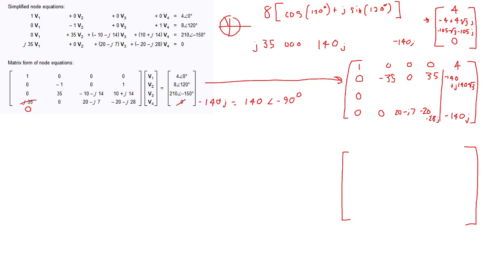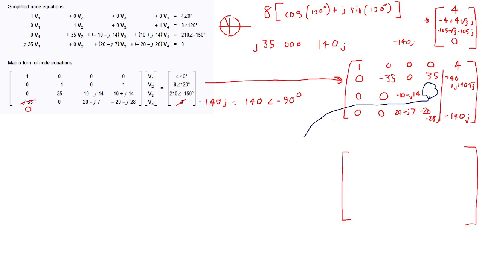What matters is eliminating 2 variables from the bottom 2 rows. So after I add this modification of the second row to the third, there's now a 0 here from minus 35 plus 35. This has no effect on the value in the V3 slot, which is still negative 10 minus J14. And I'm going to change colors because I'm going to run out of space. And so then I have this gap here, okay?